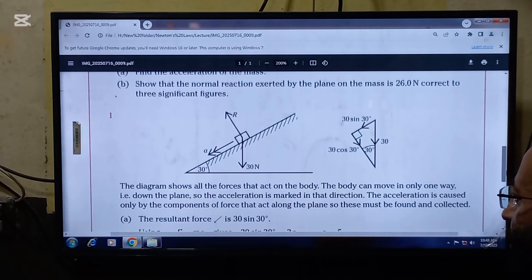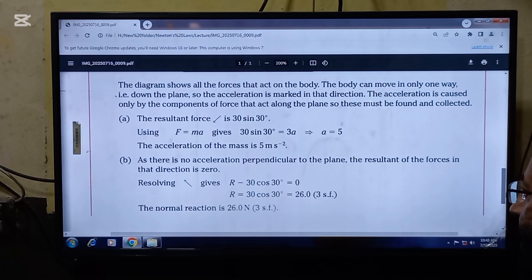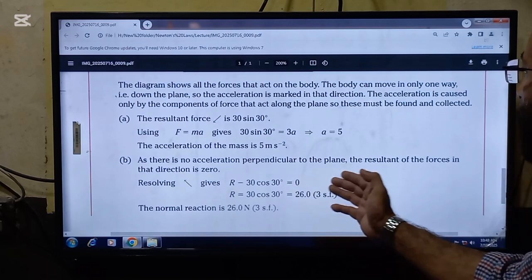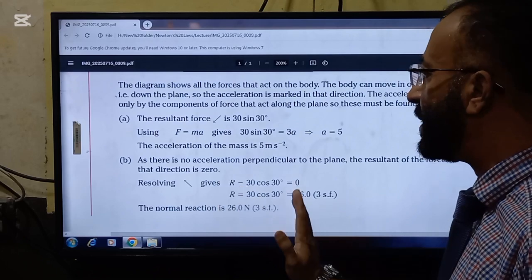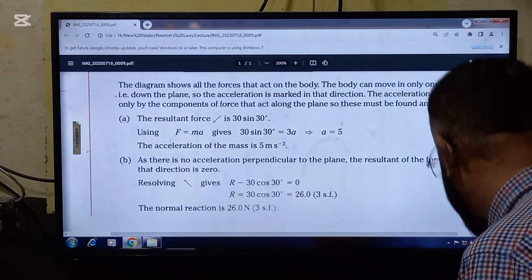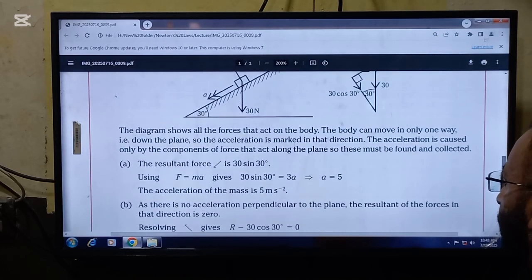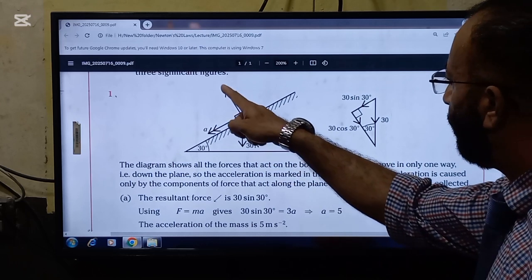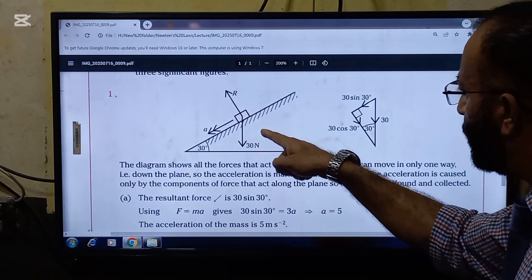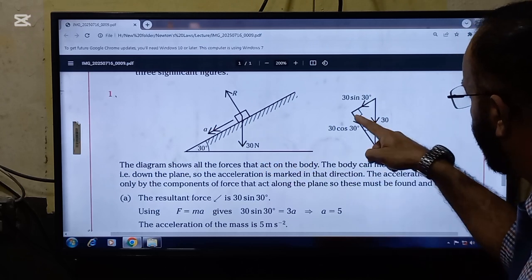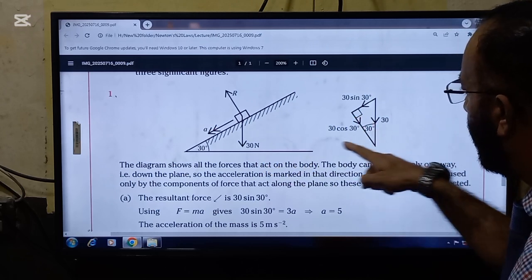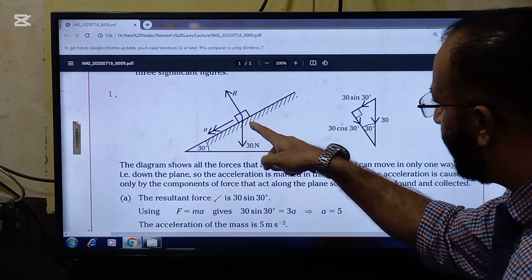So concentrate yourself now. As there is no acceleration perpendicular to the plane, the resultant of the forces in that direction is 0. So the reaction of the plane should be equal to the component of the weight, that is W cos theta. This is the vector which is exactly opposite to the reaction.